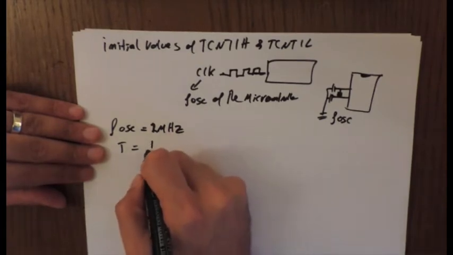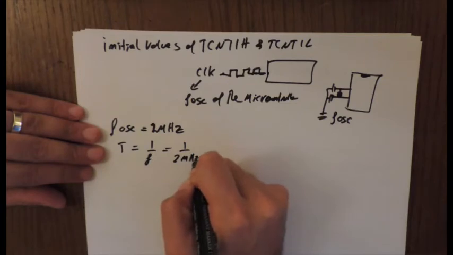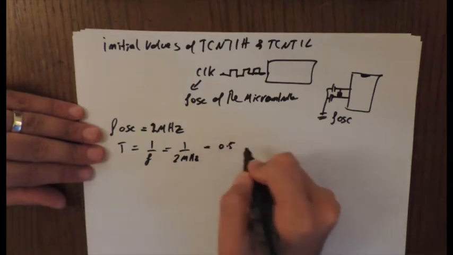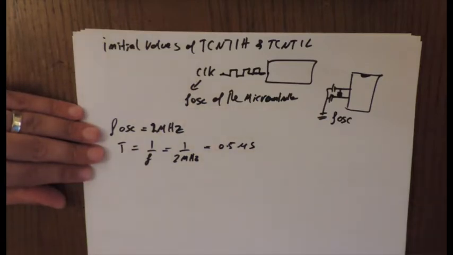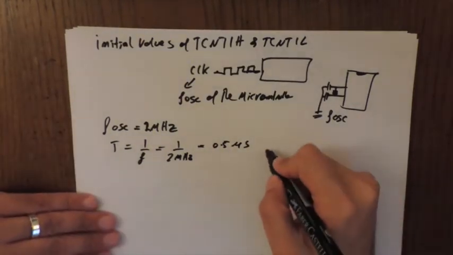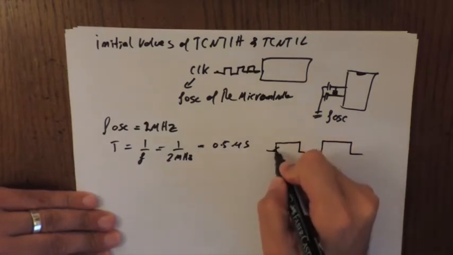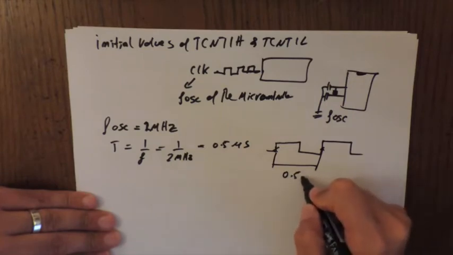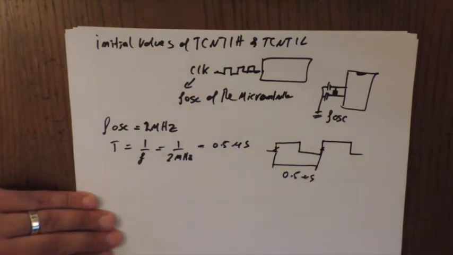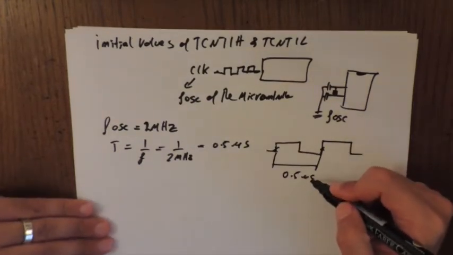So 1 over F, which is 1 over 2 megahertz, equals 0.5 microseconds. So each time I go from here to here, I spend 0.5 microseconds. Remember, every time I count a specific value, it's done in 0.5 microseconds.